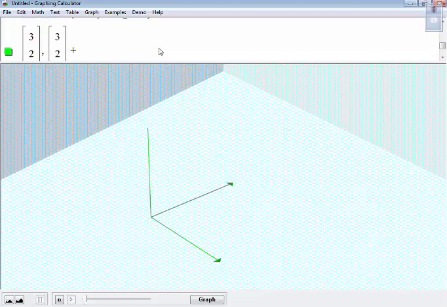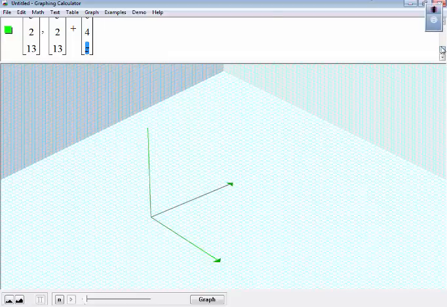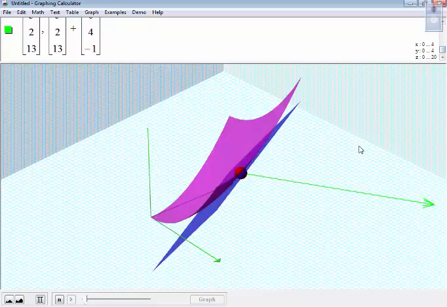What was the normal vector again? 6, 4, and minus 1, or -6, -4, +1, right? Okay. You know why it's not doing that?